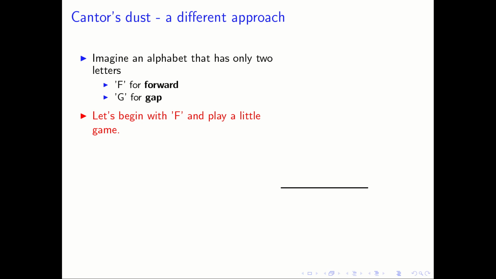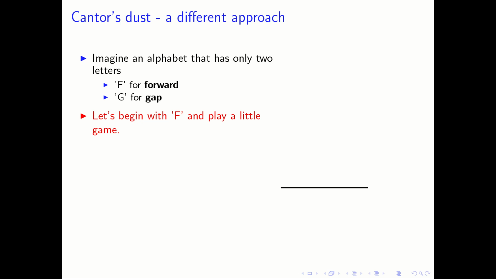At the next stage, you have to worry about not only what F becomes, F becomes FGF, you keep on repeating, but also what G becomes. Now you might say a gap stays a gap, so G becomes G. That will not be entirely correct, because to keep the length unchanged at every stage, what we had to do was cut down the length of what F means and what G means by a third, right? The first time we had F for the entire thing.